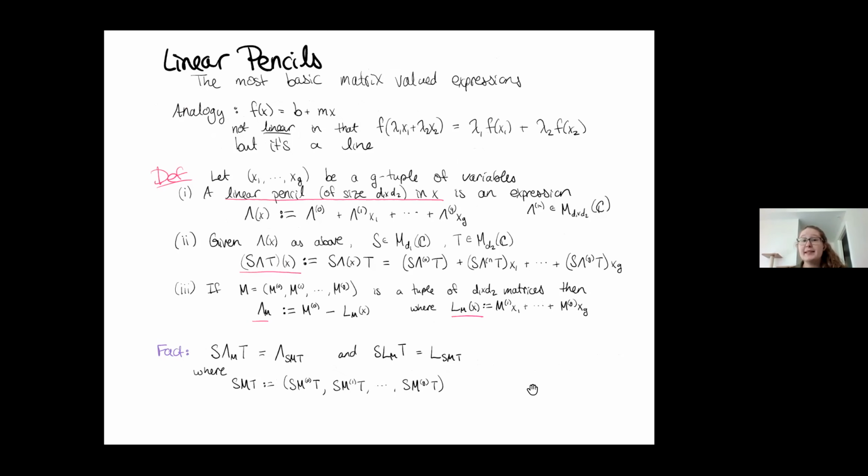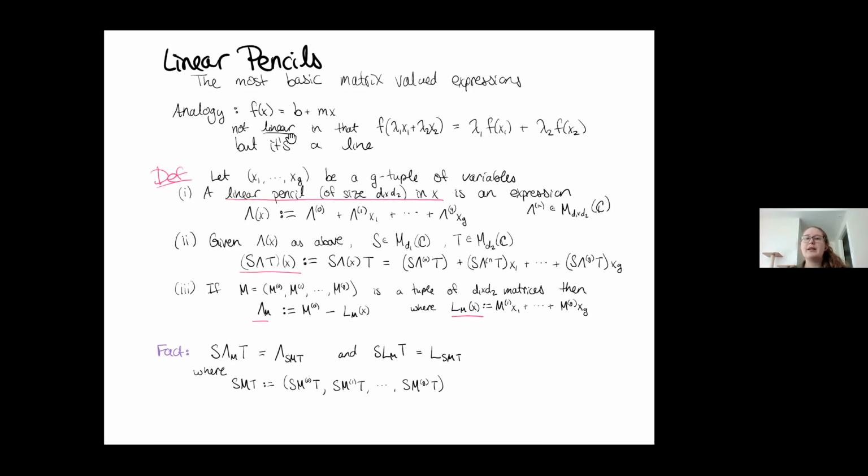Now, the most basic of our matrix valued expressions are what's called the linear pencil. And if you go to an NC talk, they will always start with this because it's our go-to object. So an analogy here, you're saying it's a line. I want to be able to have a line or a plane.